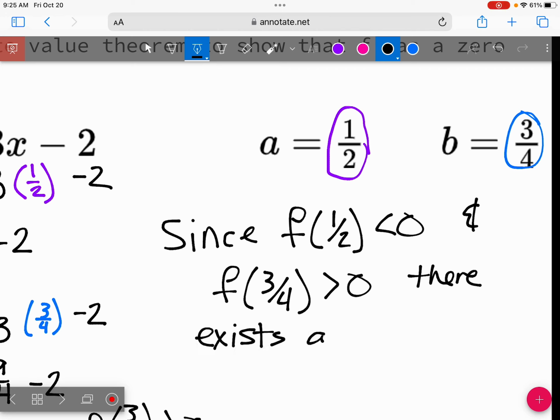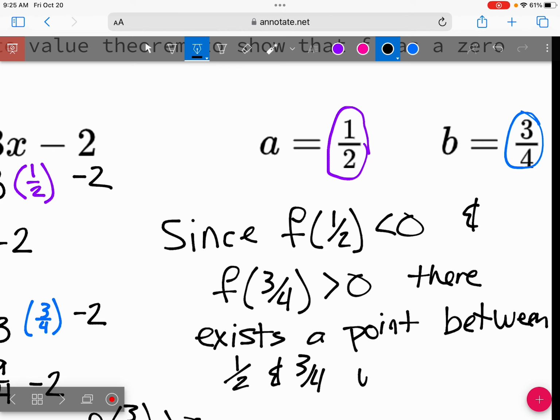There exists a point between 1/2 and 3/4 where f of x equals 0.